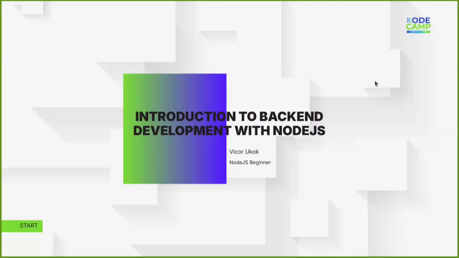Then another thing I would want to talk about is JavaScript. JavaScript is a simple language, a dynamic language, and it is dynamically typed, or some people say it's loosely typed. So what does that mean?